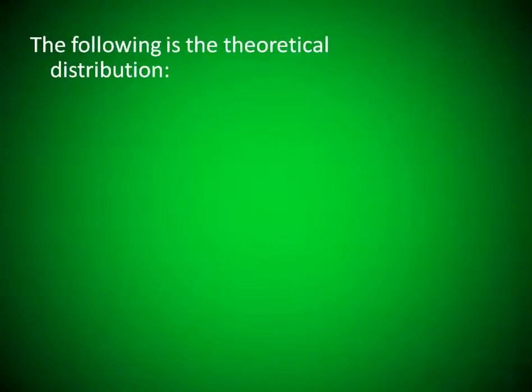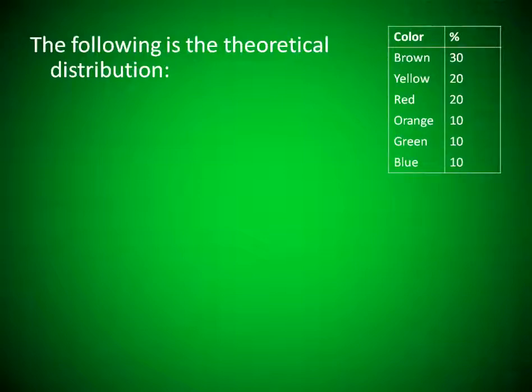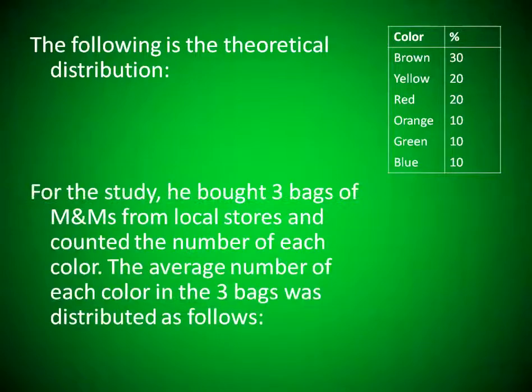Following is the theoretical distribution. The table shows the hypothesized percentage for each color. For the study, he bought 3 bags of M&Ms from local stores and counted the number of each color. The average number of each color in the 3 bags was distributed as follows.